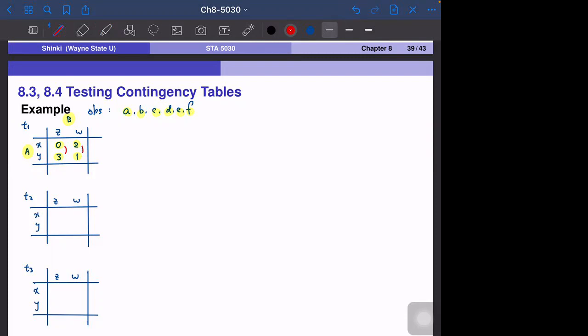Then the idea is that at first we fix the marginals. The marginal counts are 3, 3 and 2, 4, in total 6. At first we calculate how many tables are possible given the marginals.